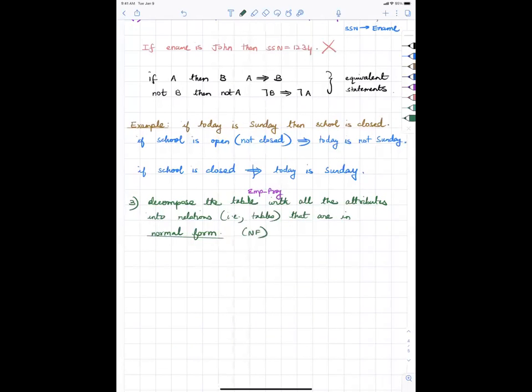So a set of tables in normal form does not suffer from insert, delete, update, and join anomalies.